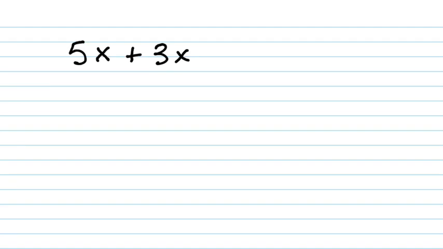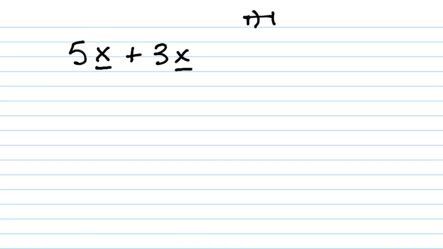Now the first thing we need to ask, we know that they're algebraic terms, right? First thing we need to ask, are they like terms? What kind of term is the first one? X term. What kind of term is the second one? X term. So are they like terms? Yes.